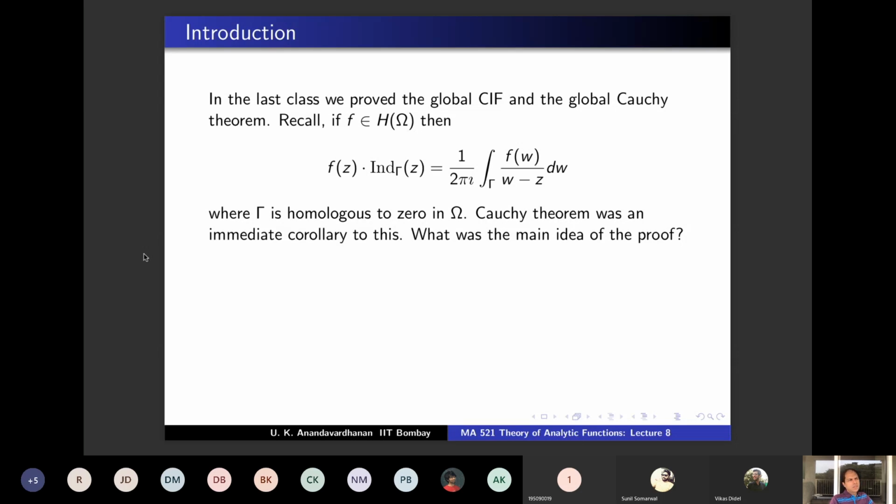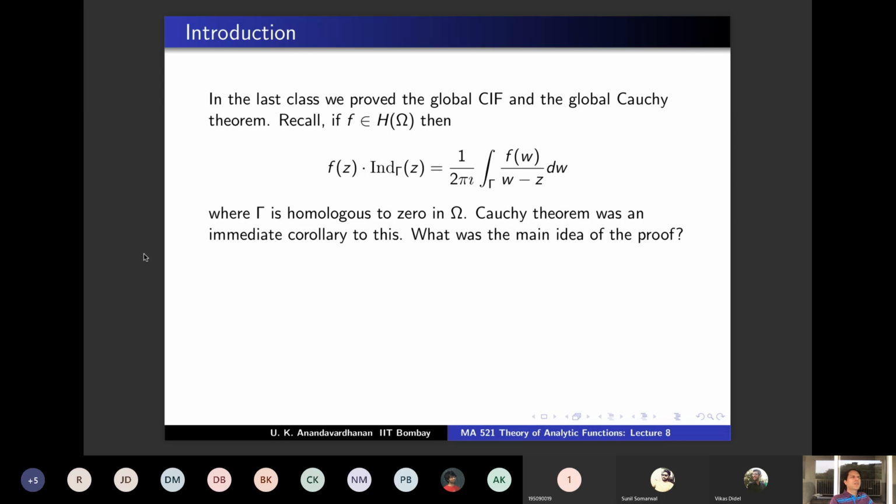Right now h is a function, and we showed continuity. And by Fubini's theorem together with Morera's theorem and Cauchy's theorem, we showed that h is holomorphic throughout omega. The next step was to extend h analytically throughout C. So you have got an entire function which restricts to h on omega.